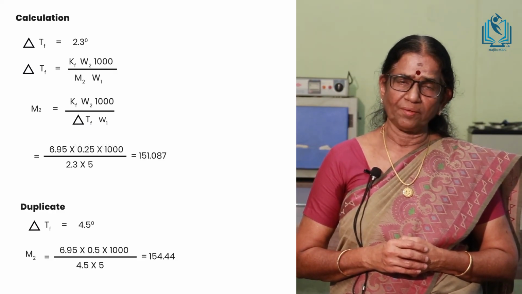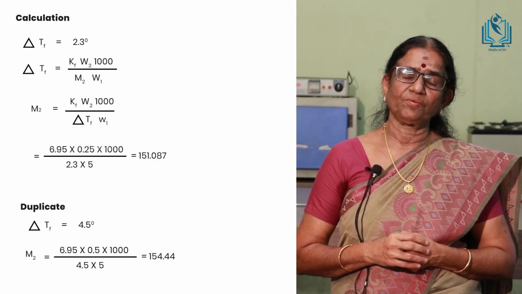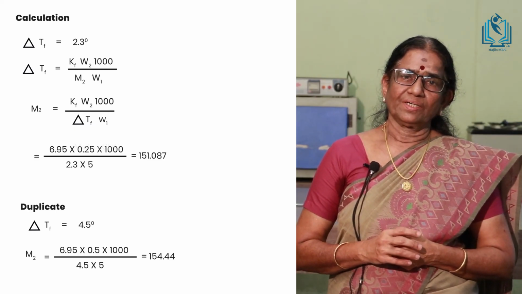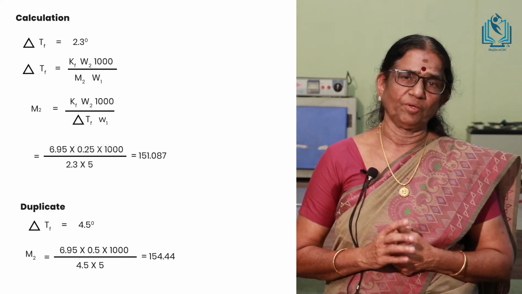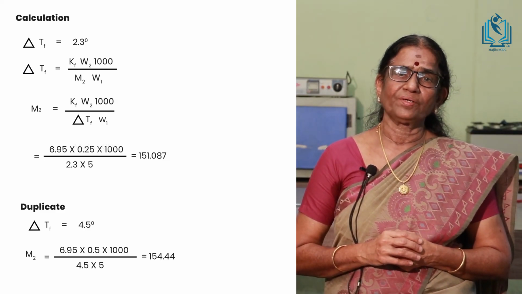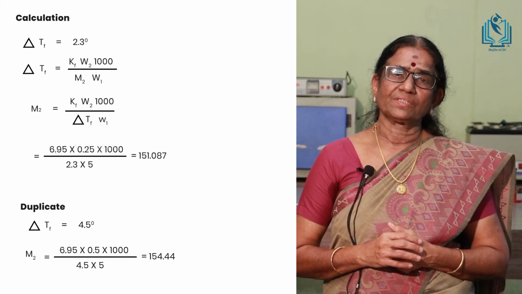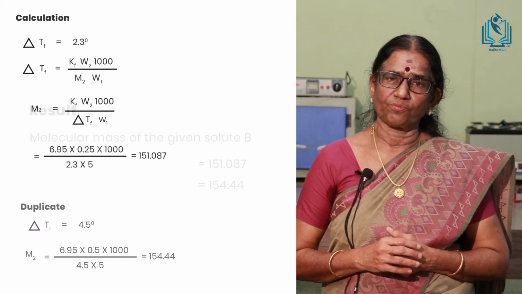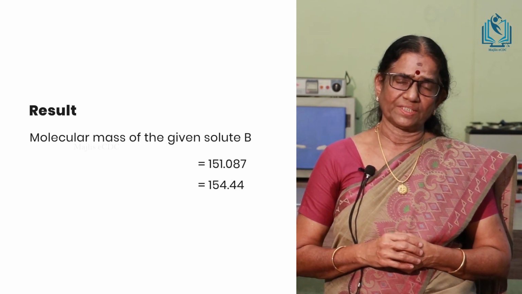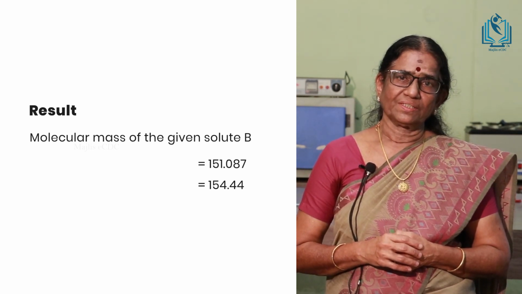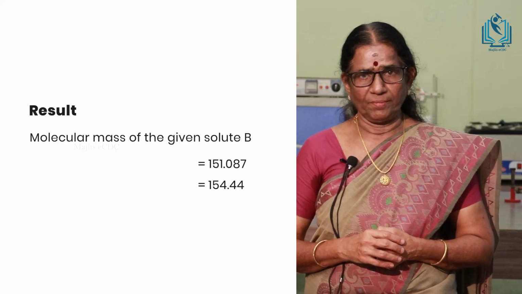W1 is 5 gram, Kf is 6.95, all values are same. The only difference is in the value of delta TF and W2. Again calculate the value and in this case it was 154.44. So, you have got 2 values for the molecular weight, 2 results are obtained for the experiment.